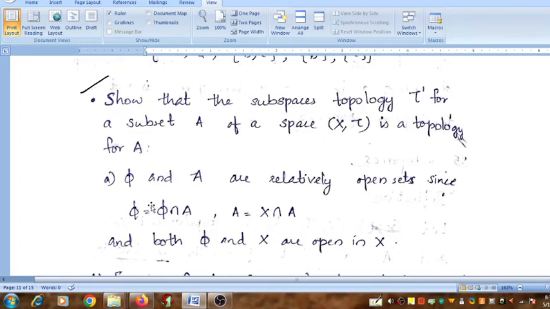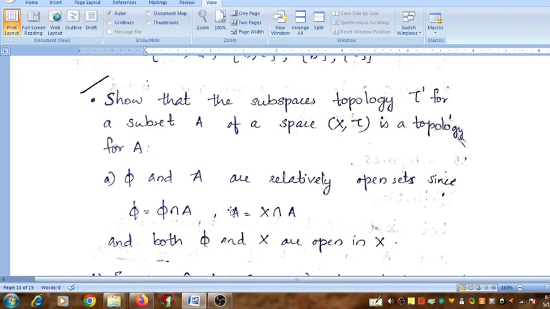So when you take the intersection of phi with A, you get phi as the answer. So the null set phi will be present in tau prime.